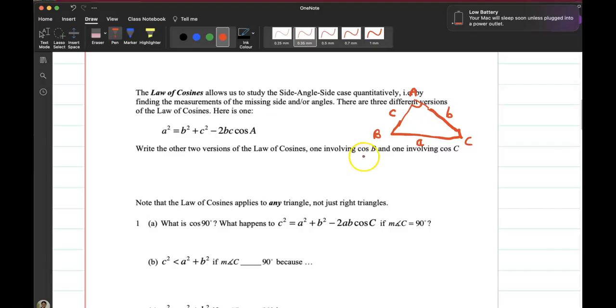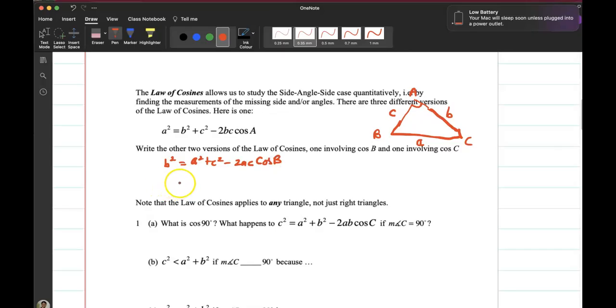That is included. Now suppose you want to find out b square, what will your b square be? The same way, suppose you want to find b square. Would it be a squared plus c squared? Correct. a square plus c squared minus 2ac cos B. Perfect.